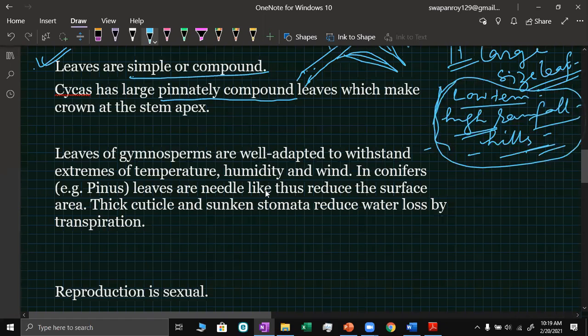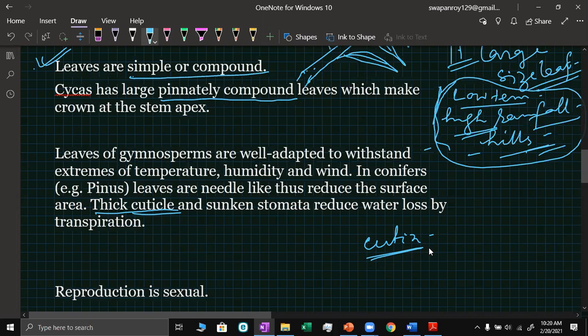And that's why their leaves have a thick cuticle layer. Cuticle is made of a chemical called cutin. This cutin layer is on the epidermal surface of the leaves.